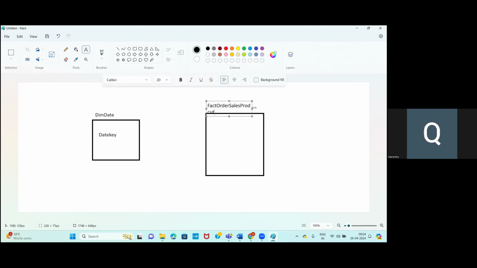Whatever the fact names are, they will be different, based on the keys available. Here we have a fact order sale product. So this is a fact table. In this fact table we have three types of columns.